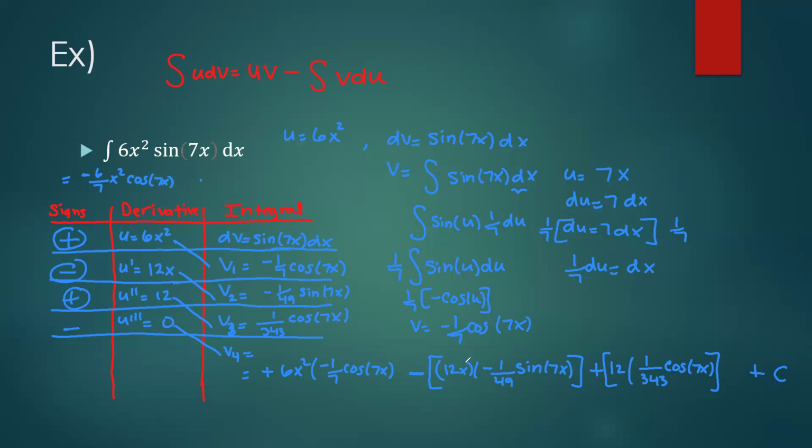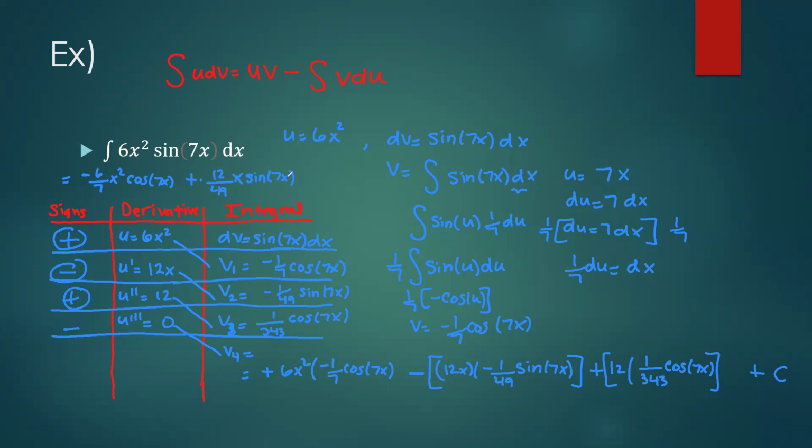And then the second term, 12x times negative 1 over 49 sin of 7x times negative, two negatives become a positive, so it's plus 12 over 49 x sin of 7x.